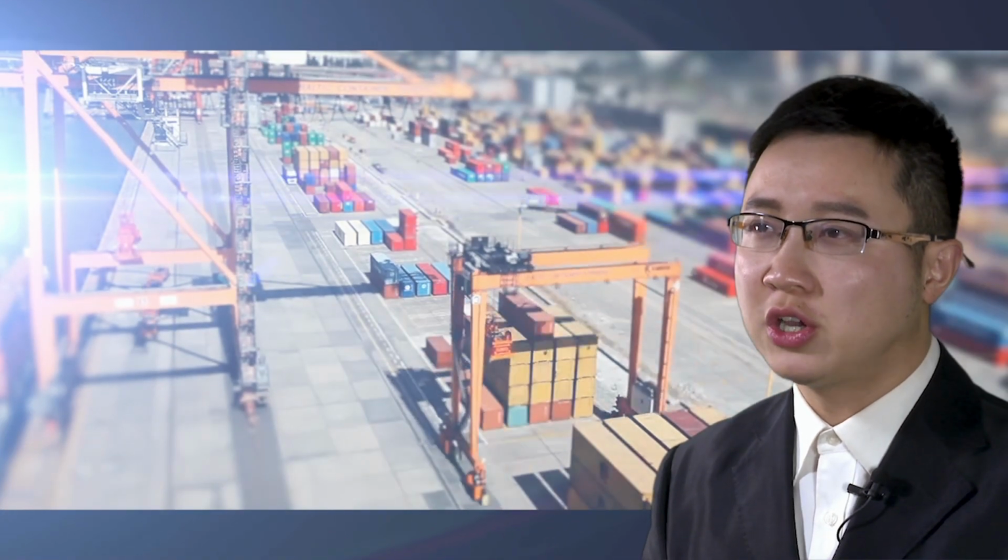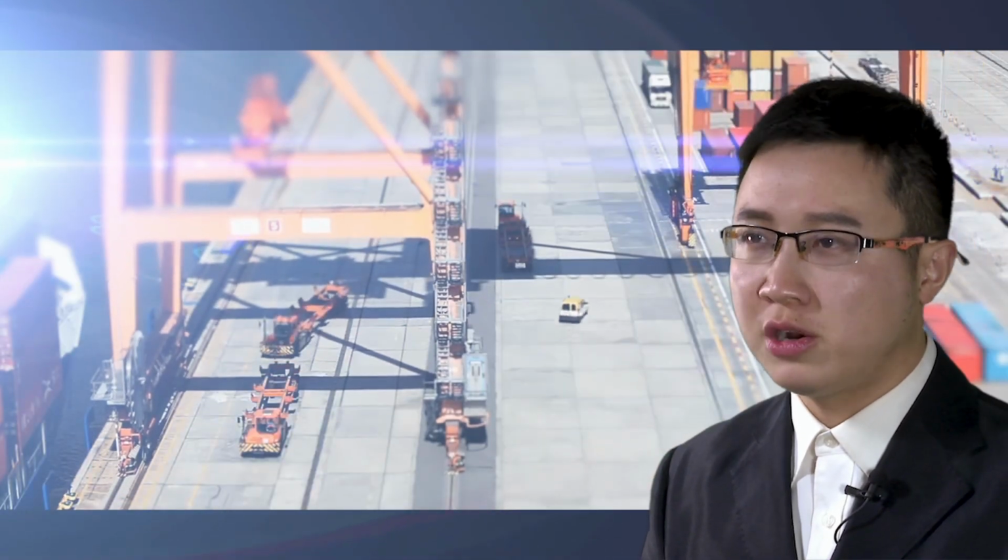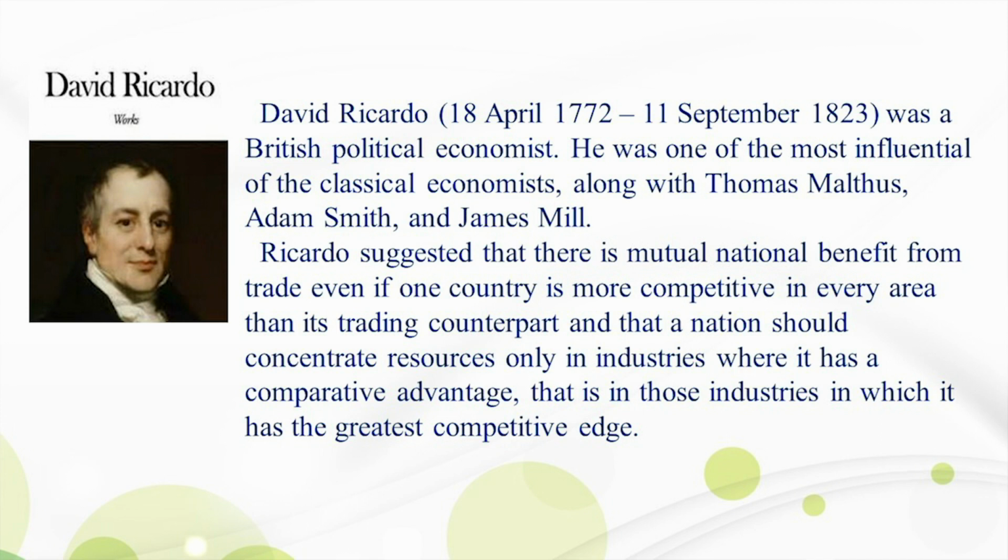The theory of comparative advantage was introduced by English economist David Ricardo. He believes that even if a country is less efficient than another in the production of both commodities, there is still a basis for mutually beneficial trade.